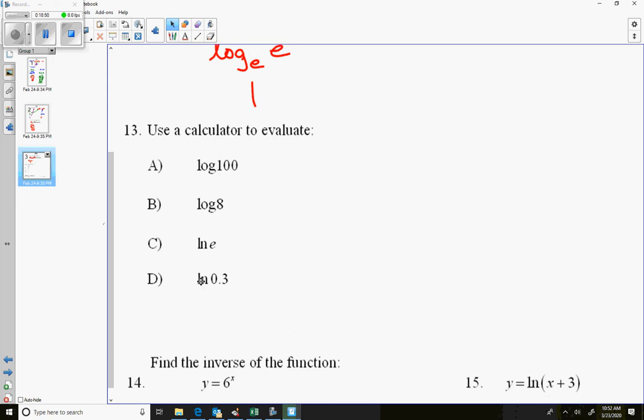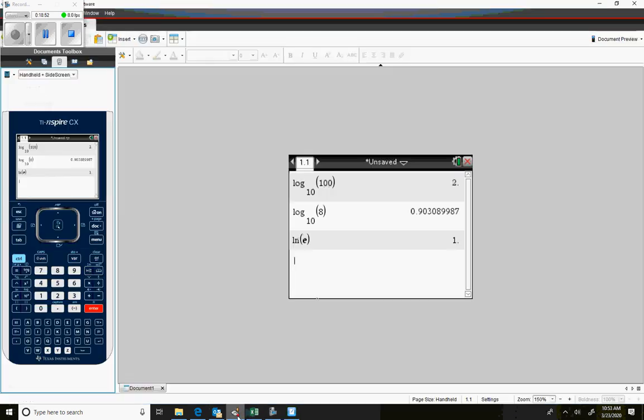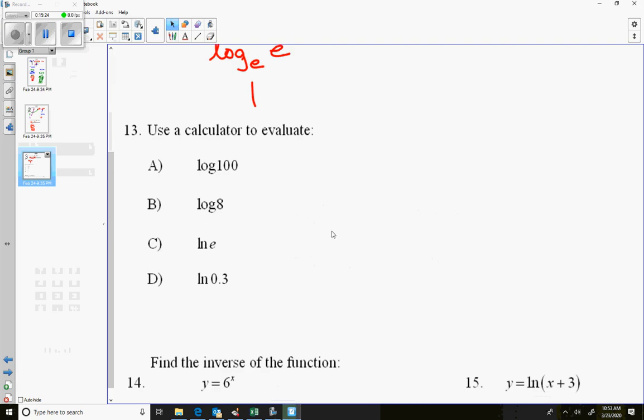And then 13d, the natural log of 0.3. And we get, again, a decimal answer. But all scientific calculators will have your common logs and your natural logs as options to choose.